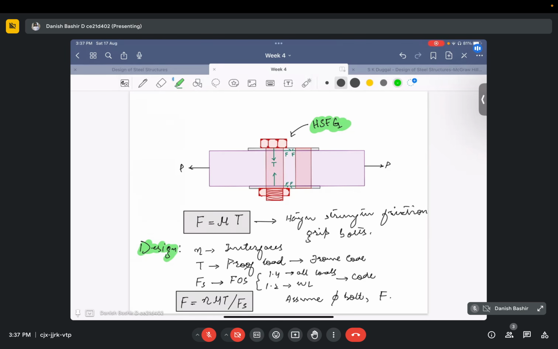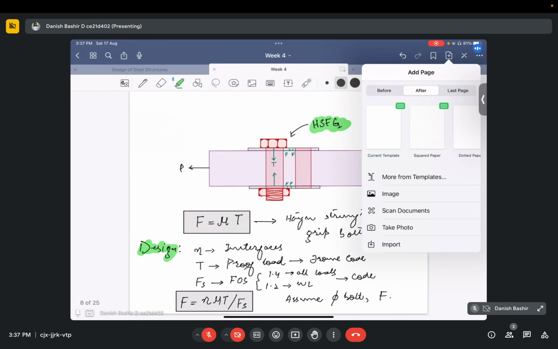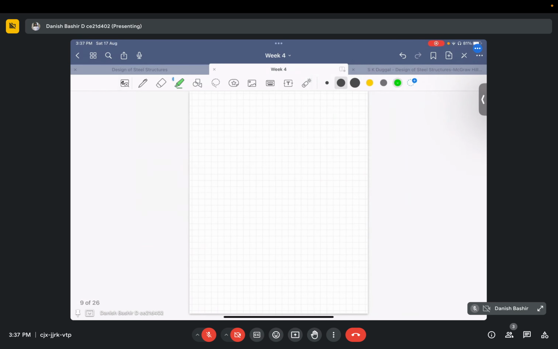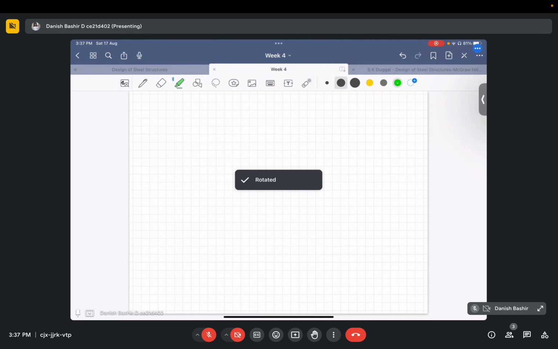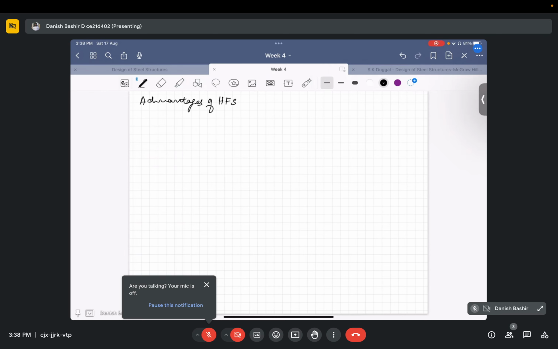There are a lot of advantages of using these high strength friction grip bolts. As there is a lot of friction between different interfaces, they make the joint very rigid.